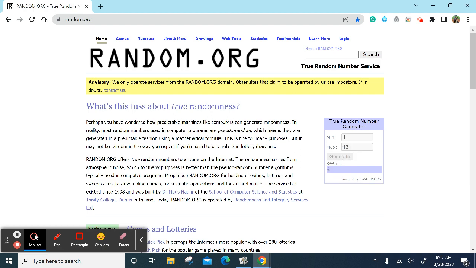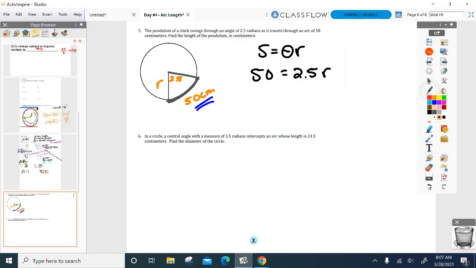And then on both sides here, what do I need to do? I'm solving for R. Divide by 2.5.